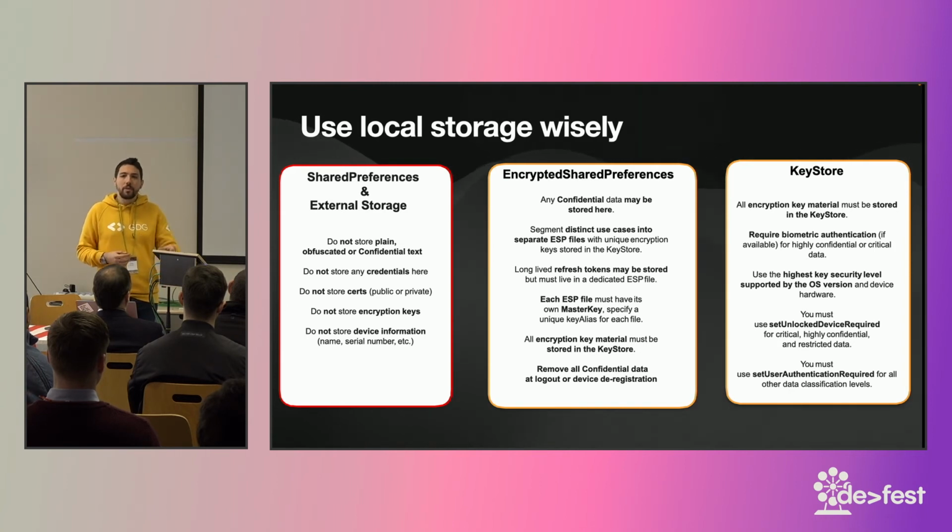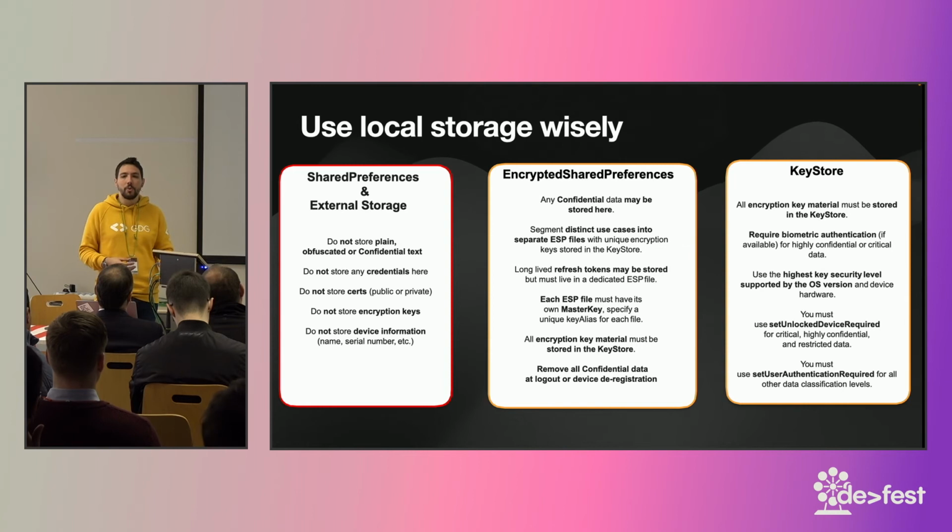The reason we're doing that is that each one of those ESP files will need to have a different key. What we want to avoid is that if one key is found, all of our data is exposed. We want just a specific use case to be exposed in this application.